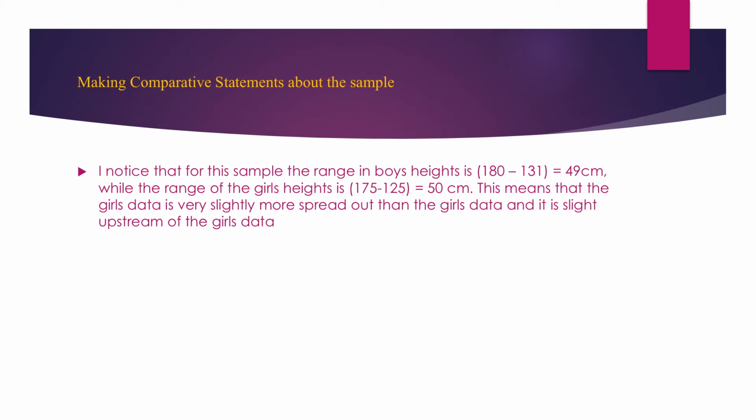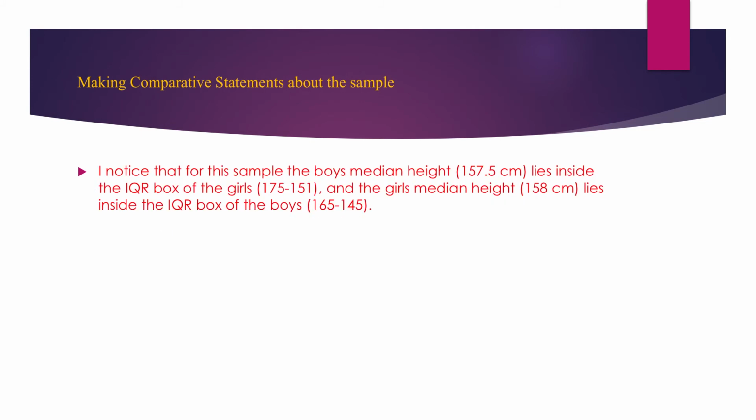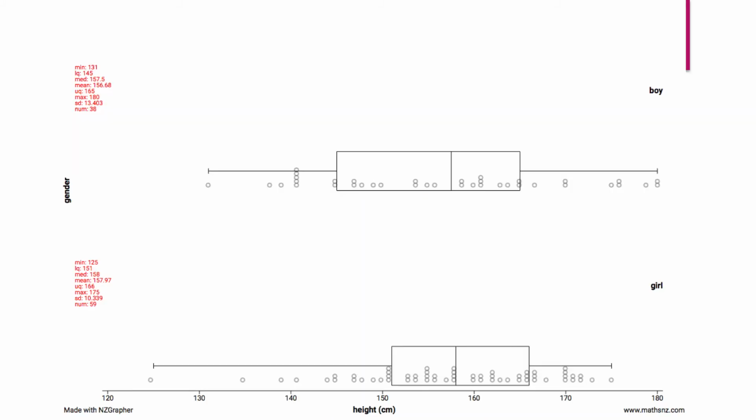Data. And then the next thing is to go back and notice that in this case, because 50% of the data is from here to there, and 50% of the data is from here to here, and that these two medians are below that.